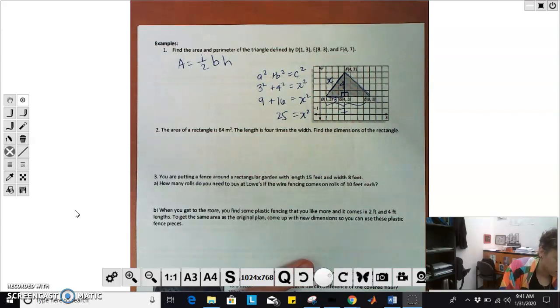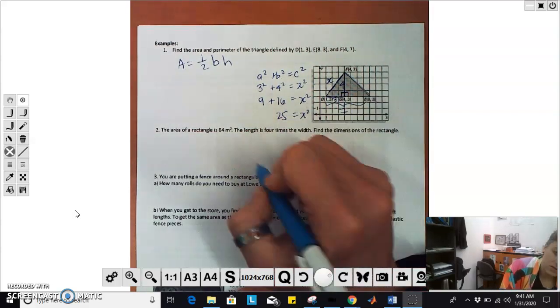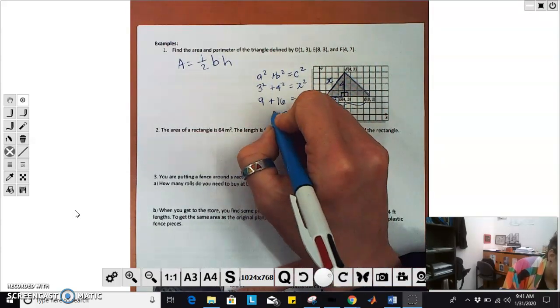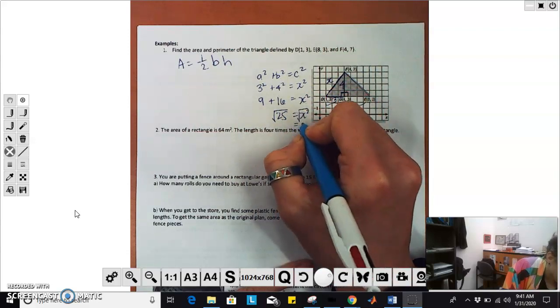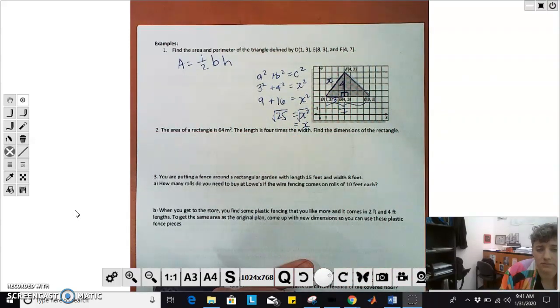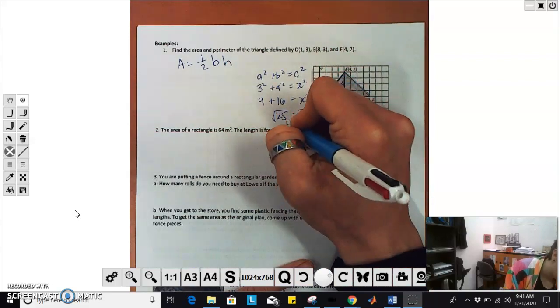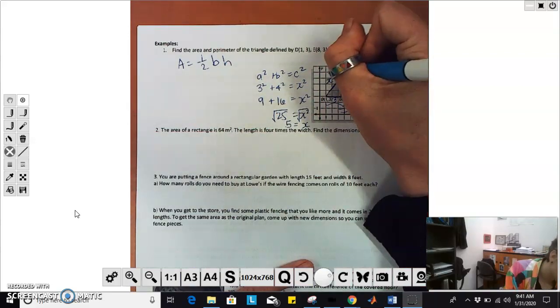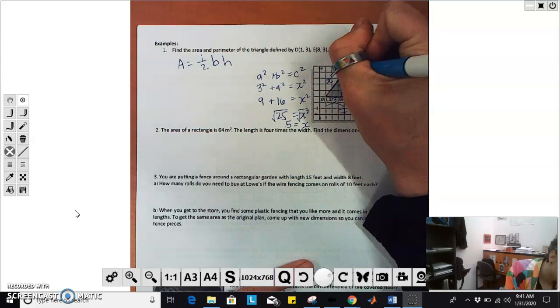Okay. We're almost there. We just need to do what? Square root. What's the square root of 25? It's 5. So now we know that this side length is 5 units long.